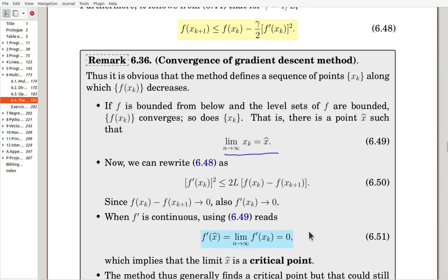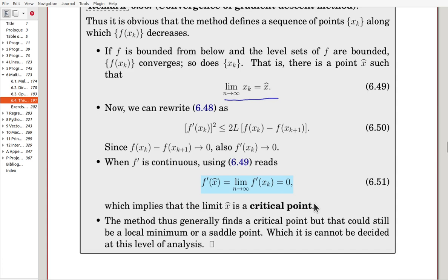That means the gradient descent method is trying to find a critical point, so a local minimum or a saddle point, and finding the global minimum is not analyzable here. The algorithm is trying to find a local minimum. It can be the global minimum, but around the initial point, it tries to find a local minimum.